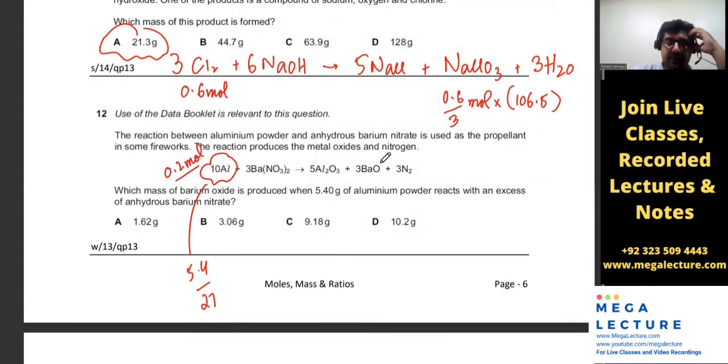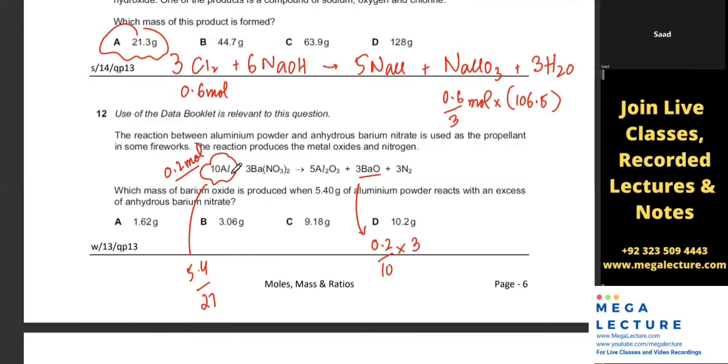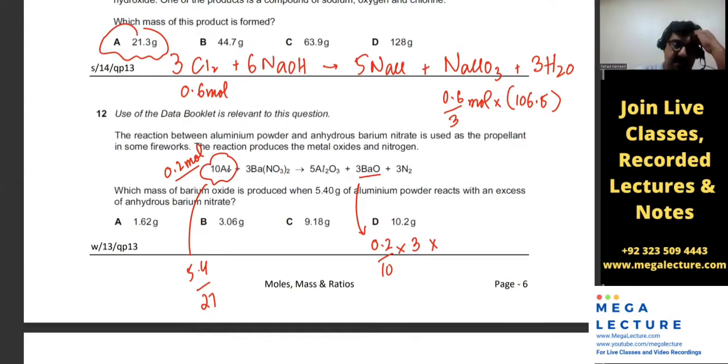So 10:3, they're asking for the mass of barium oxide. So how many moles would that be? That's going to be 0.2 divided by 10 times 3. Remember, you don't have time for writing the whole ratio stuff. Just remember, if this is 0.2 moles, it's 0.06. So you multiply it by the MR. So what's the MR of this thing?